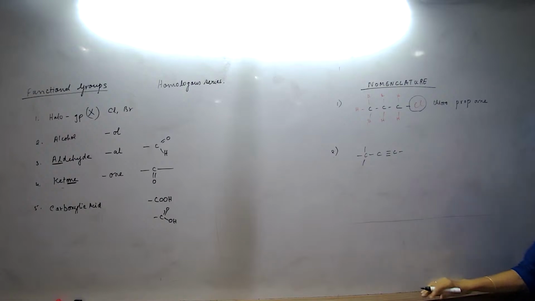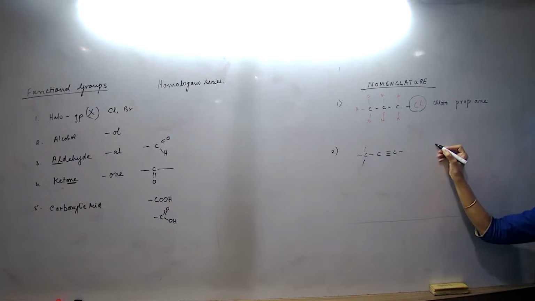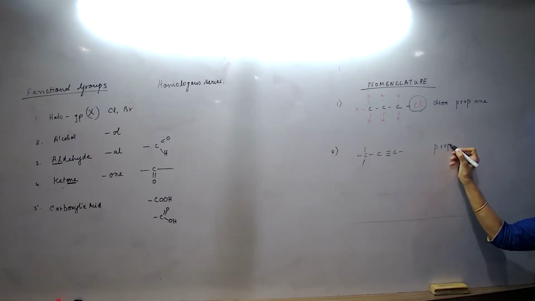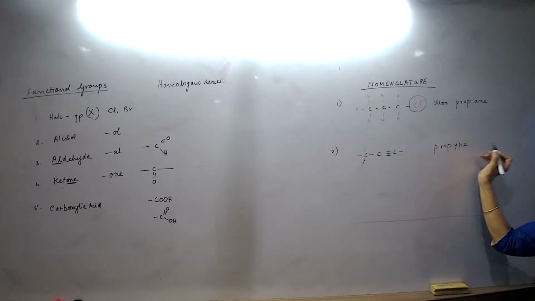What is this? How many carbons? First the formula you will find out. 3. Okay, 3 carbons. What will 3 carbons be? Prop. Okay. Is it a single bond? Can you see a double bond, triple bond? So it's prop. Why? Propane, sorry. Understood?